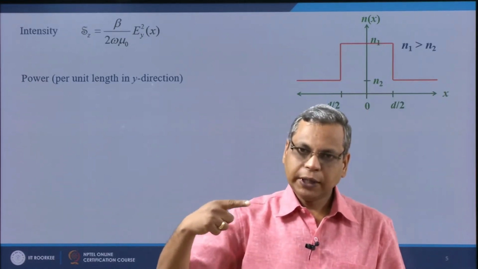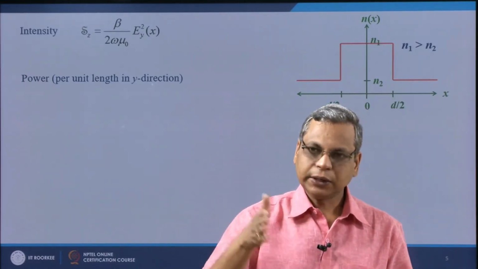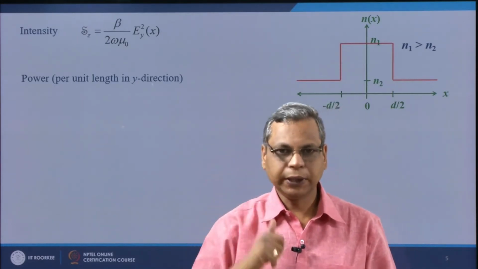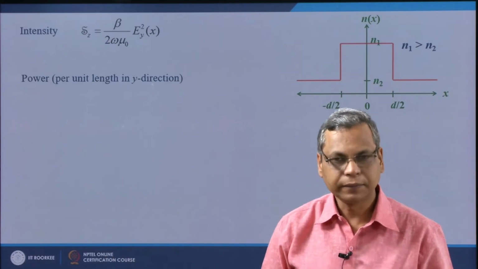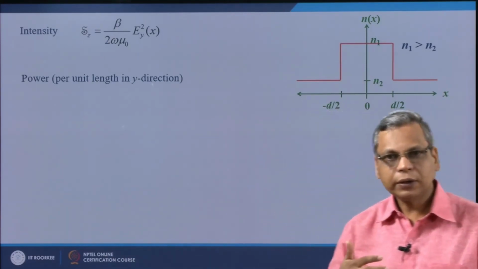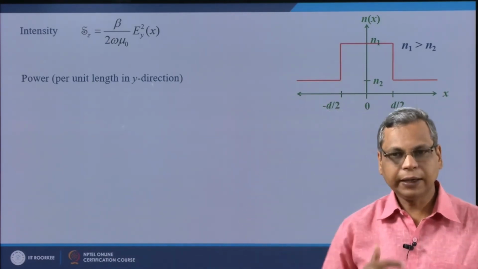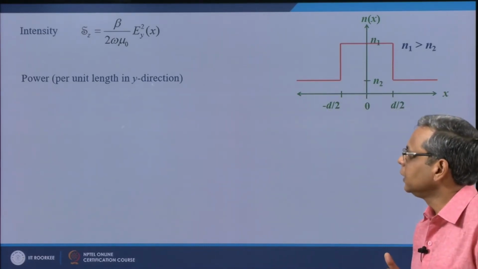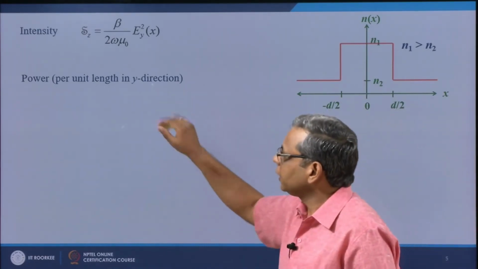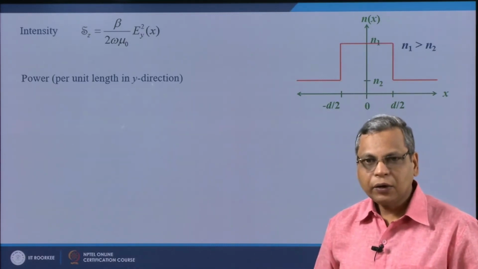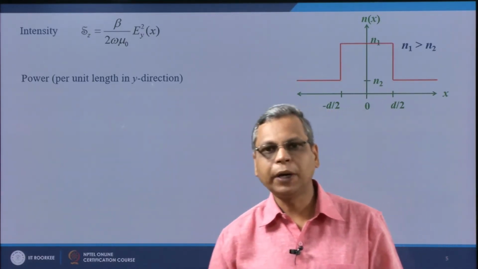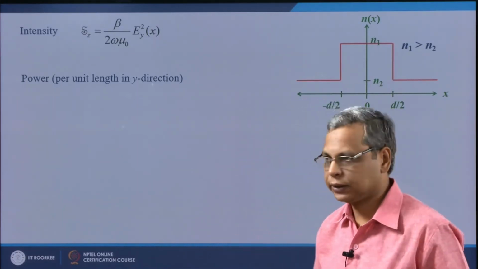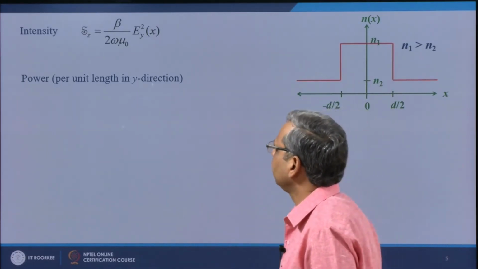The mode is propagating in the z direction, so the transverse plane is the xy plane, but y is also extended to infinity. So, I cannot integrate it over y, I can integrate it only over x. So, in the case of a planar waveguide, I cannot have power in terms of watts, but I can have only power per unit length in the y direction, because I can integrate it only over x.